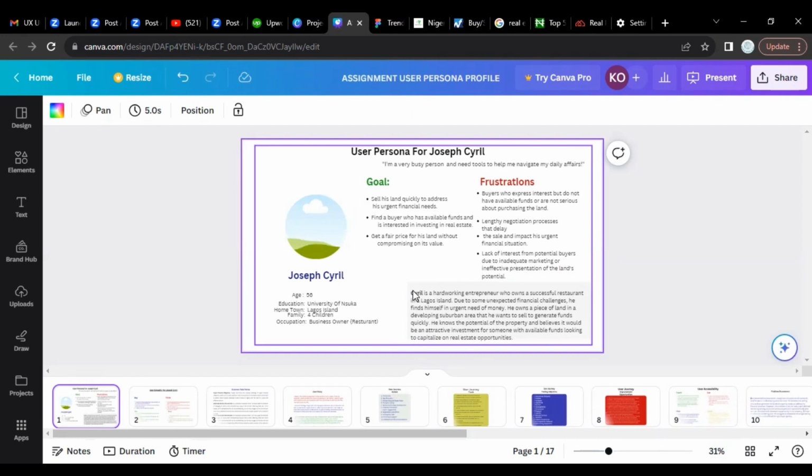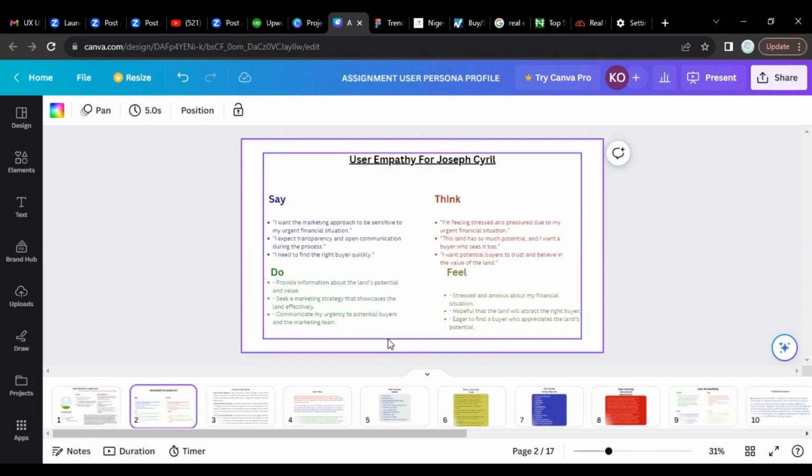There is no need to change or add anything, it's just that you have to come up with multiple user personas. You cannot stick with one particular user persona based on your product ideas. You have to create a minimum of three, and then you can go to any number that you like. Overall, this is fine.